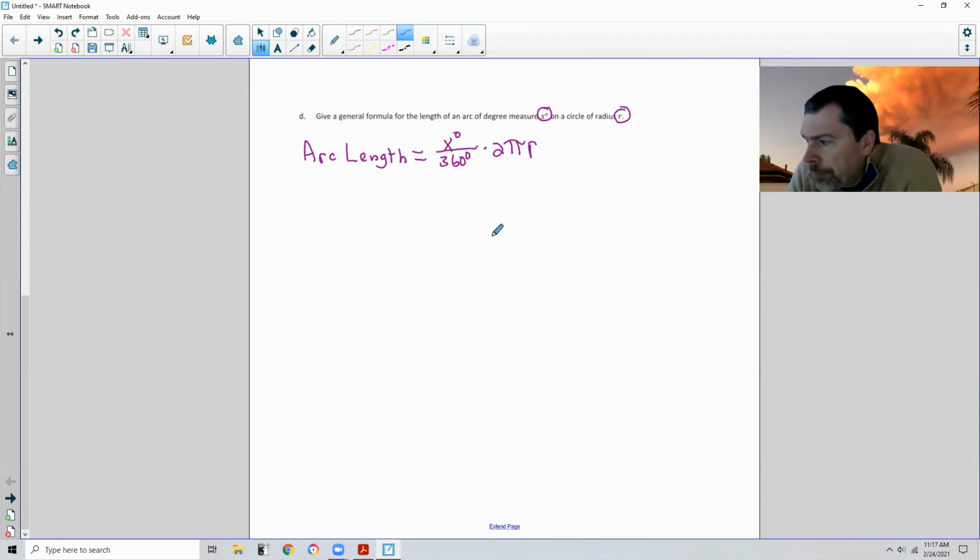So there's the formula. X over 360 times 2 pi r, and a lot of times you'll see it this way in books. It's just the fraction of the central angle that intercepts the arc divided by 360. And there you have it.